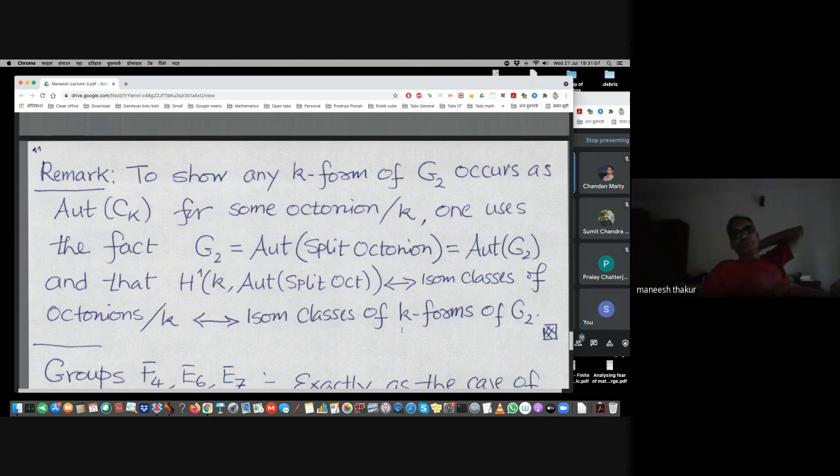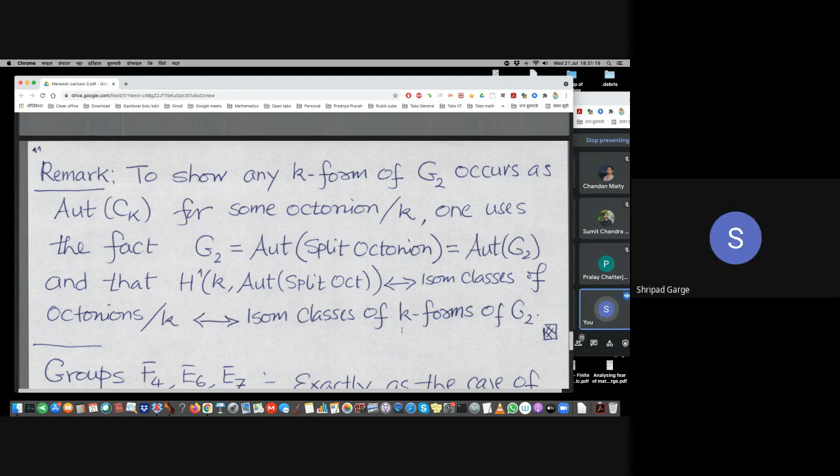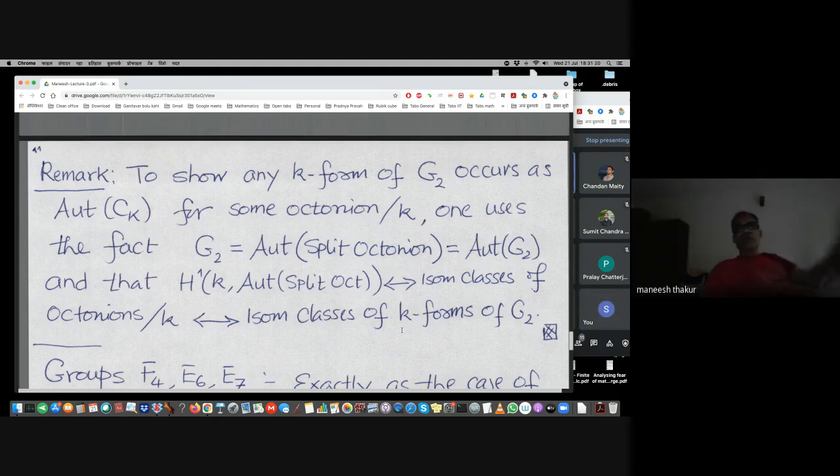Yes, Sripad, you can pass this. It is up to anybody who's interested, they can just work it out. But you are saying that the same cocycle will give us some octonion algebra. Because you take a cocycle with values in Aut G2. That Aut G2 is the same as Aut of split octonion.